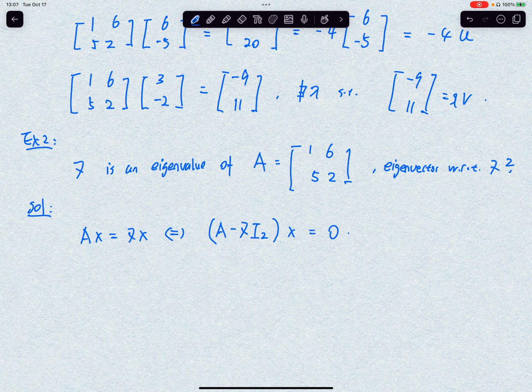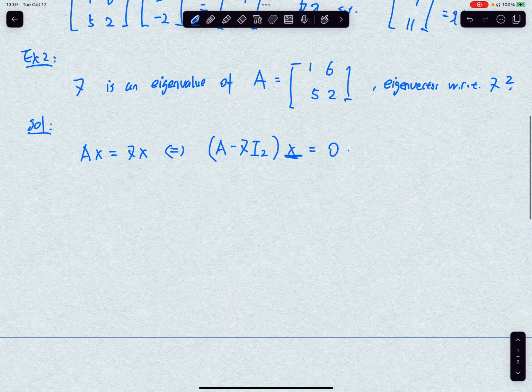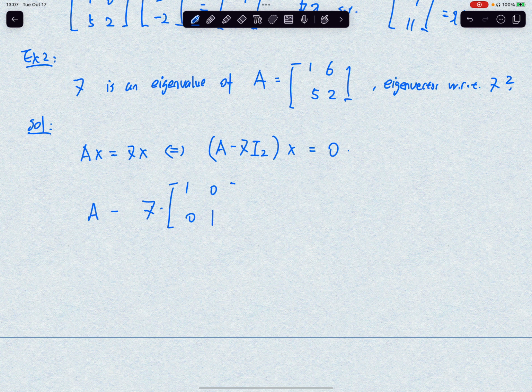To solve this homogeneous equation, we know that our x is defined to be non-zero. That means we need to have a non-trivial solution for this homogeneous equation. So let us compute this. We have A minus 7 times [1, 0; 0, 1]. So that is 1 minus 7 and 6, and here we have 5 and 2 minus 7.